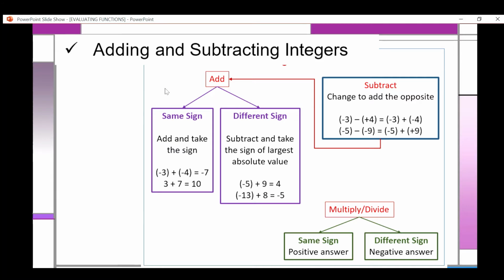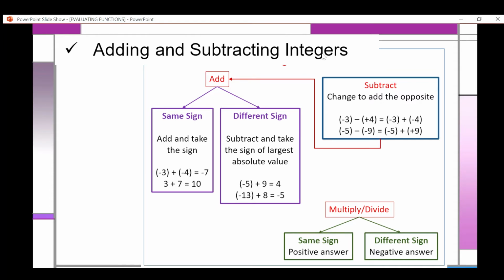Next, let's recall adding and subtracting integers. This is very important, class, in mathematics, not only in our topic for today. This is the most basic rule we need to remember to become good at math. First, what are integers, class?